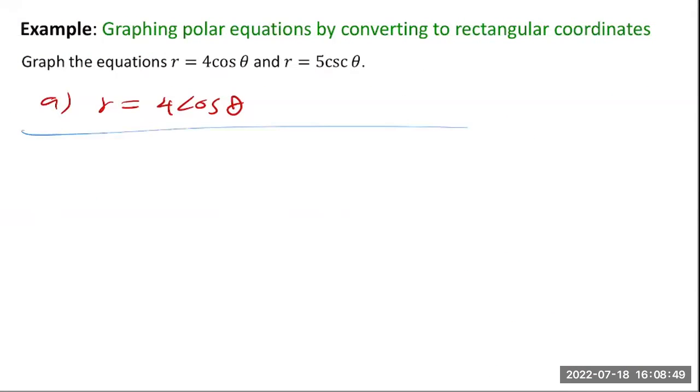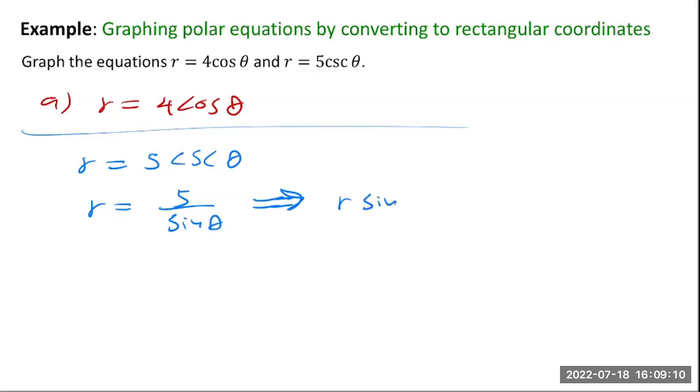The second part, my r is equal to 5 cosecant theta. That means r is equal to 5 over sine theta, because cosecant theta is 1 over sine theta, right? This implies that r sine theta is equal to 5.